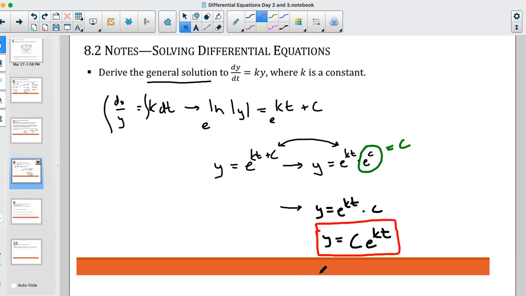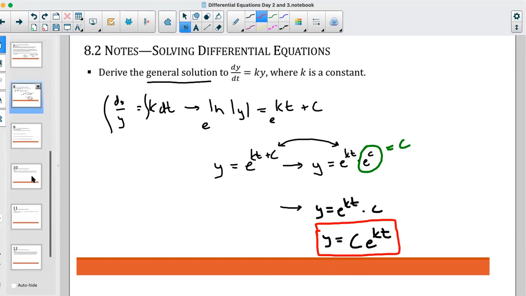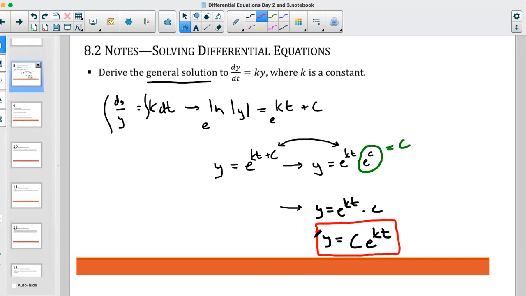Any of the problems that have exponential growth in them are going to essentially use this equation, so keep it in mind. And we're going to see that the constant has different meanings in different contexts.